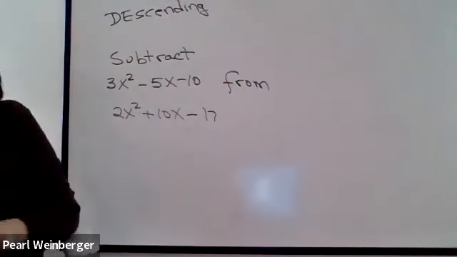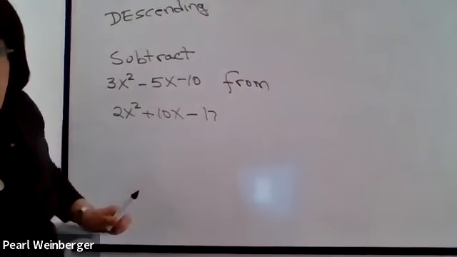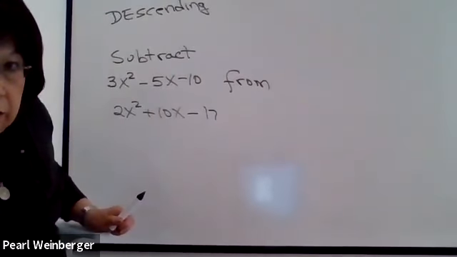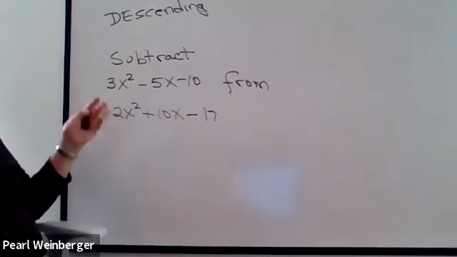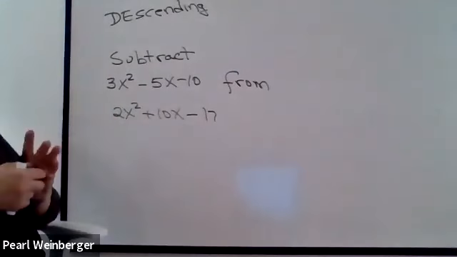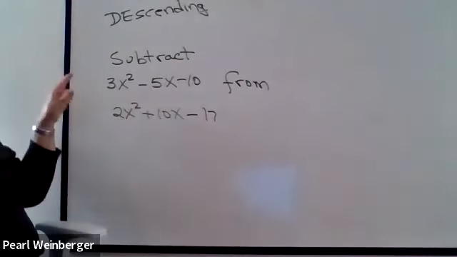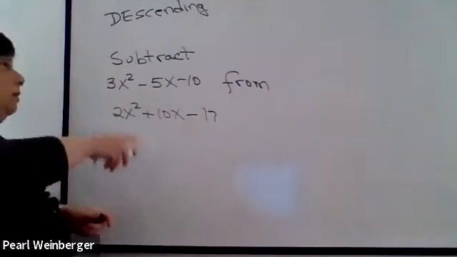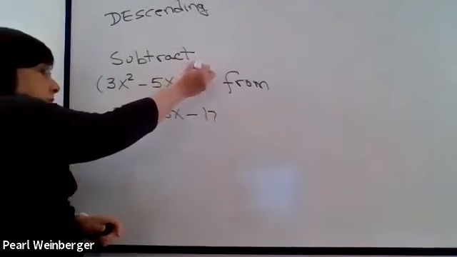You're going to have to be careful about this because I didn't set it up for you. You have to set it up yourself. Remember when it says subtract, I'll put them in parentheses so you'll be able to see.